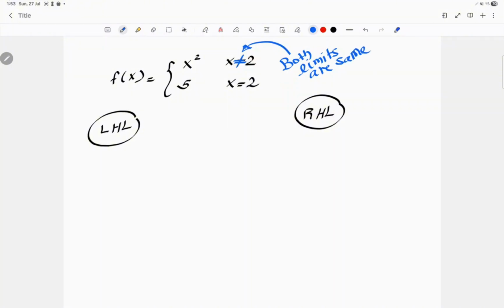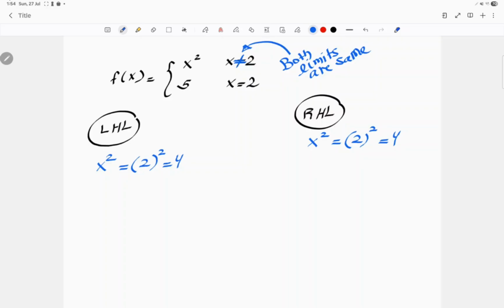So that means we're going to have x squared here, and again x squared here. Instead of x, put 2. Instead of x, put 2. So 4 and 4. Both limits, left-hand and right-hand, are equal to 4.